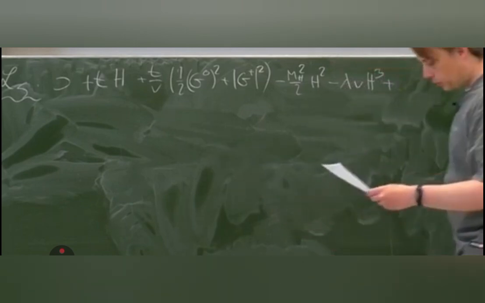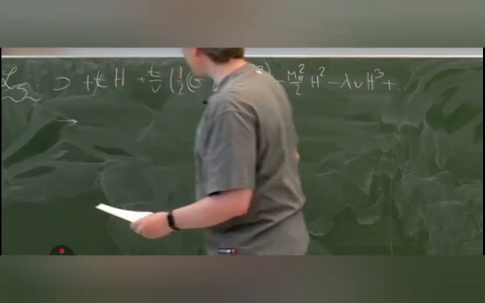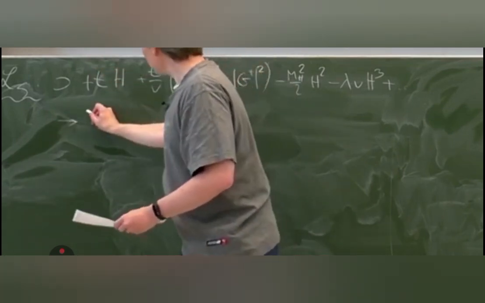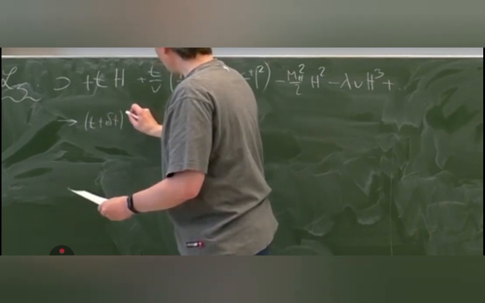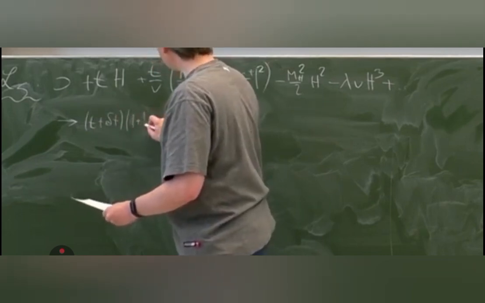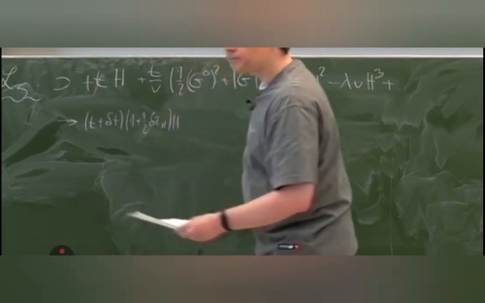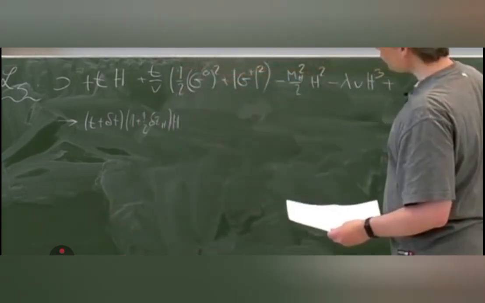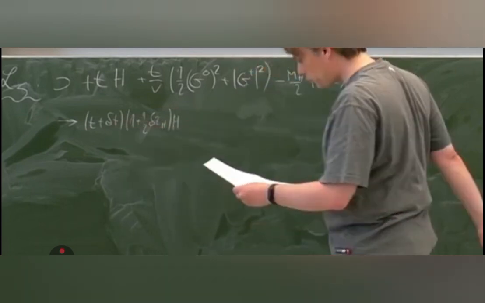But these terms are definitely there, we have derived them, and so now let us apply the renormalization transformation. So that becomes tadpole t plus delta t times 1 plus 1/2 delta zh times the Higgs field. Okay? So two renormalizations, and that will be expanded up to first order in the deltas.